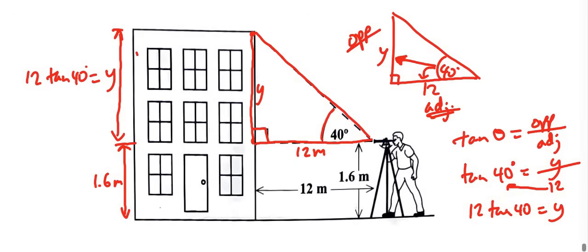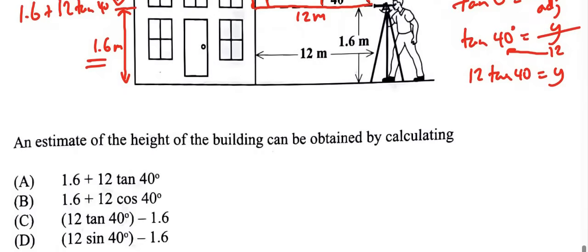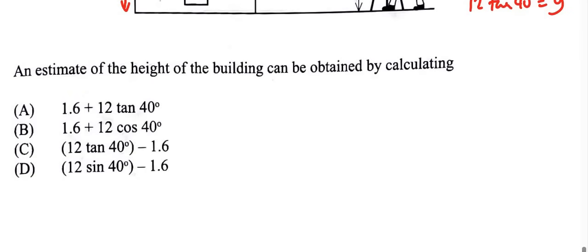Now if we want to find the complete height of the building, we're going to add those two measurements up, right? We're going to add the 1.6 to the 12 tan 40. So that's 1.6 plus 12 tan 40. And whatever 12 tan 40 is, added to 1.6, that will give us the measurement. 1.6 plus 12 tan 40, that's option A.